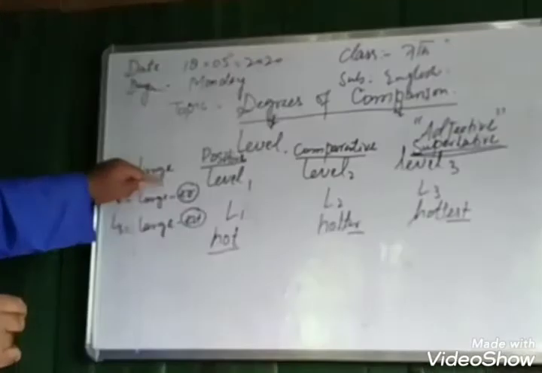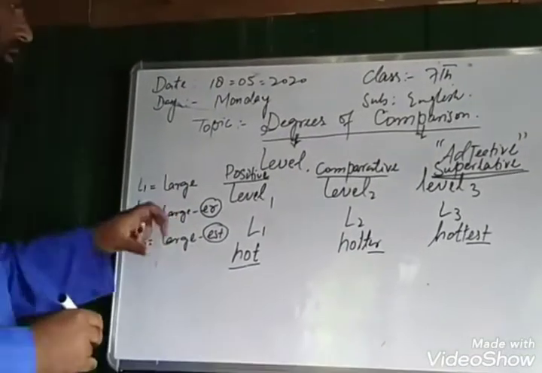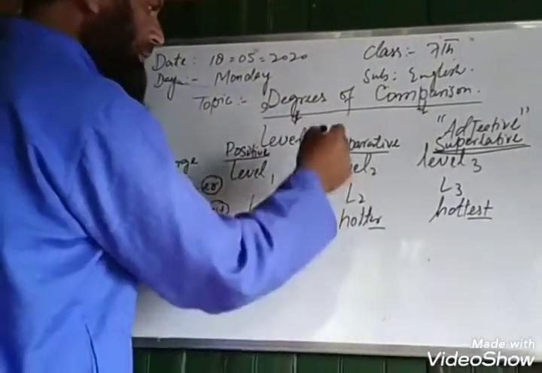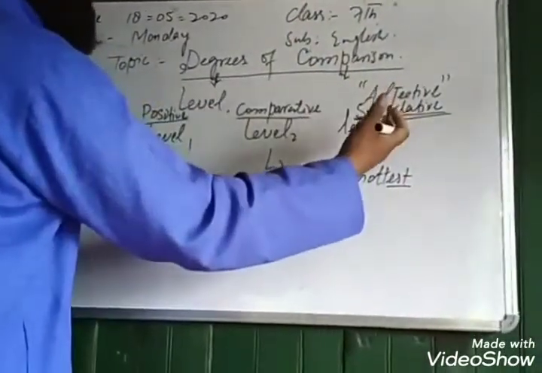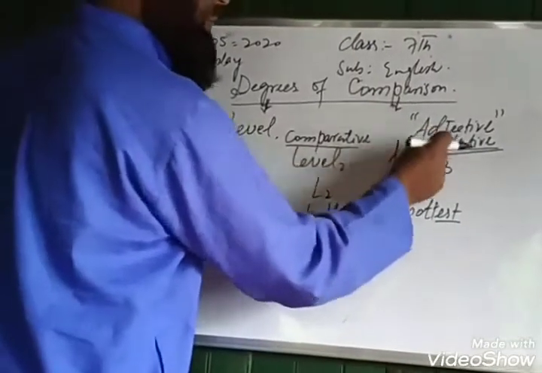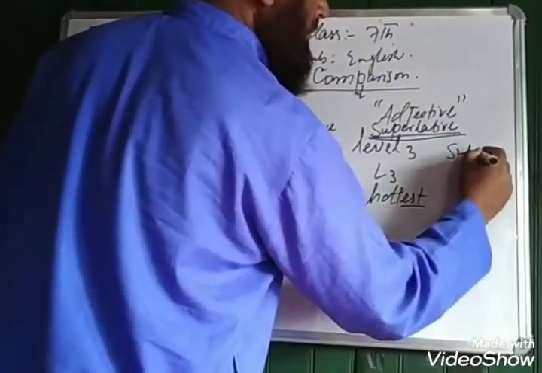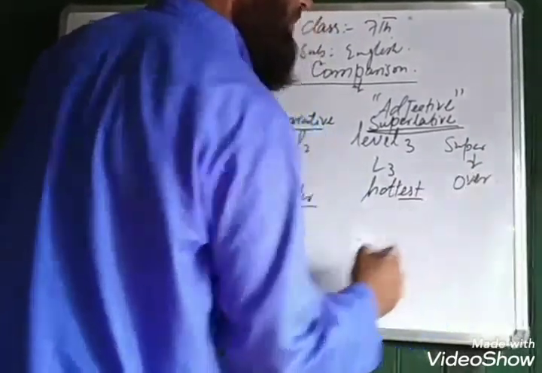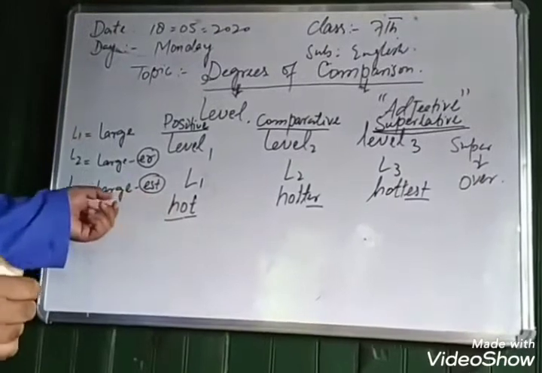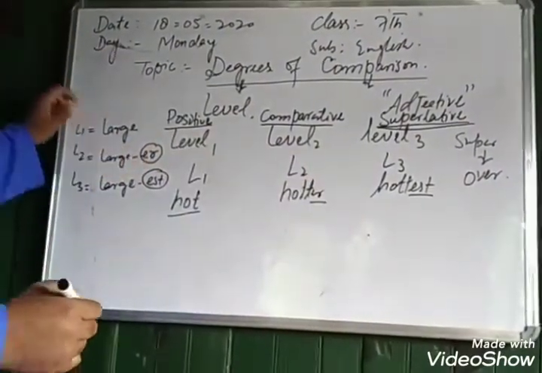So by adding these two things, ER and EST, we can make the comparative degree and superlative degree. Super means over, and in every language where we use super, super always means over. So large, larger, largest. Add these two things.